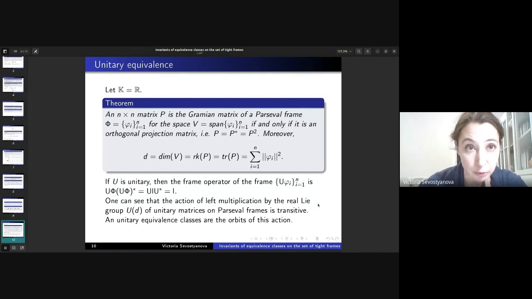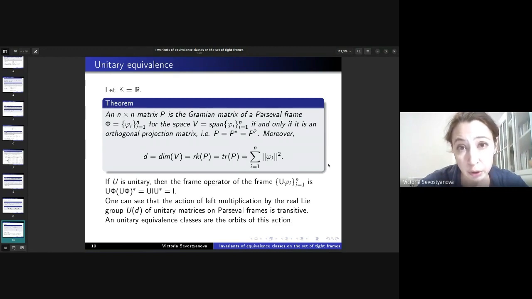Let's talk about unitary equivalence. Let's come back again. From this point, we will say that the general field is the real field. The theory can be constructed for the complex case too, and that's not difficult, but now we will talk about the real case.